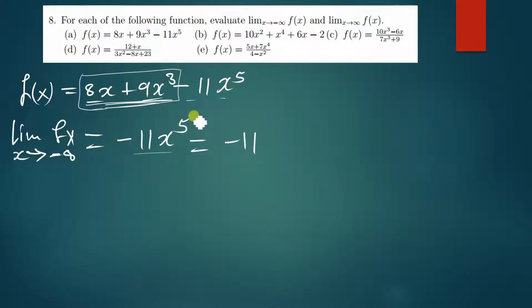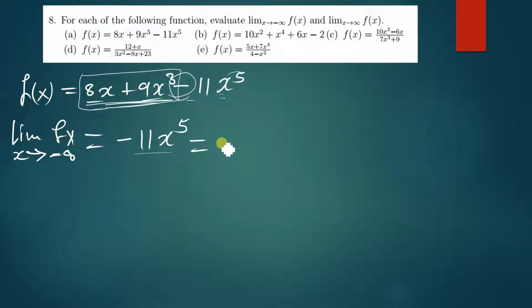So that negative times the negative that is with 11 here is going to give us a positive. So whenever we replace any negative big number where there's x, we're going to get a positive number because of this negative in front of 11.